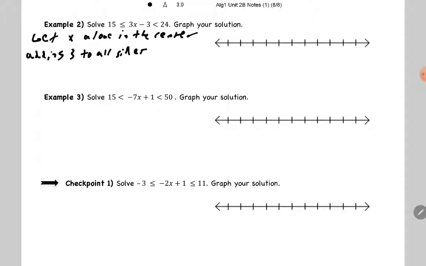So if I write that out, I have 15 is less than or equal to 3x minus 3, less than 24. So I'm going to add 3 to all sides.